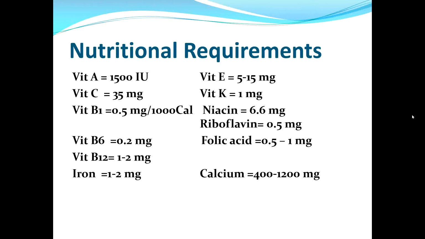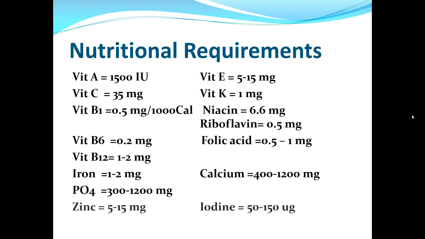Calcium, 400 to 1200 milligram per day. Phosphate, 300 to 1200 milligram per day. Zinc, 5 to 15 milligram per day. And iodine, 50 to 150 microgram per day. This is all what we call recommended daily allowances under the basal condition.